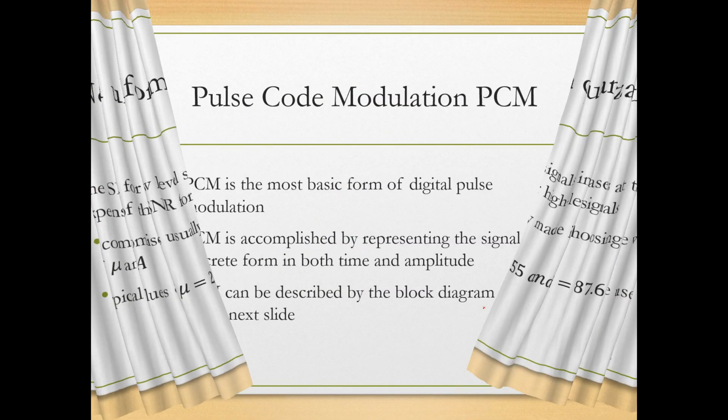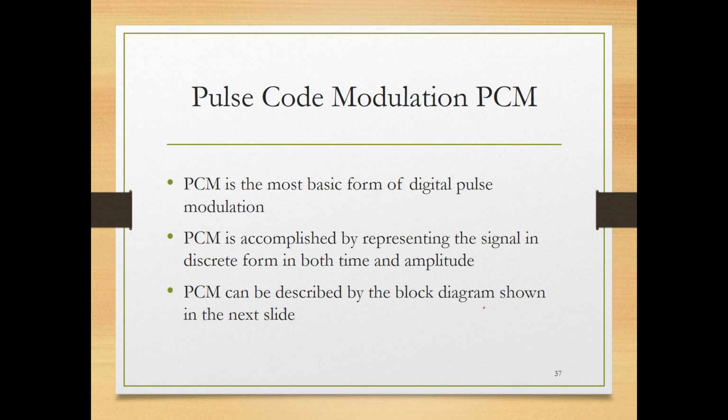So now we talked about uniform quantization and non-uniform quantization, and we said these processes are part of PCM, pulse code modulation. In general, pulse code modulation is the most basic form of digital pulse modulation.